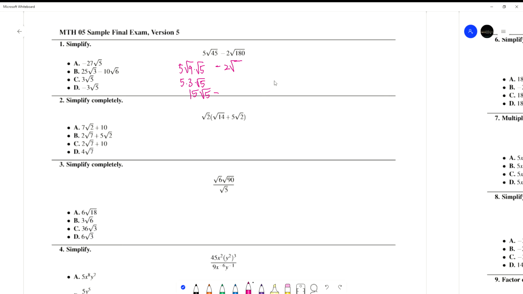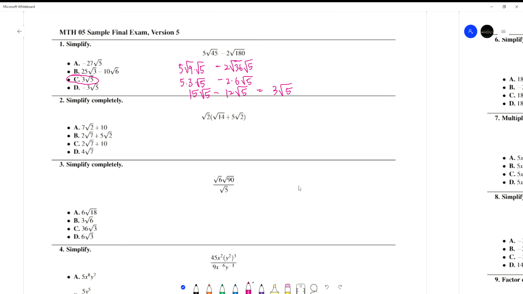We can do 36 times 5. Yeah, that's the biggest perfect square in 180. So we got 2 times radical 36 times 5, which gives us minus 2 times 6 times radical 5, which is 12 radical 5. And then we see these are like radicals, so 15 minus 12 is 3 radical 5, which is C.